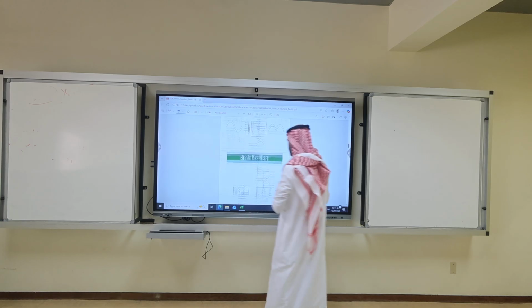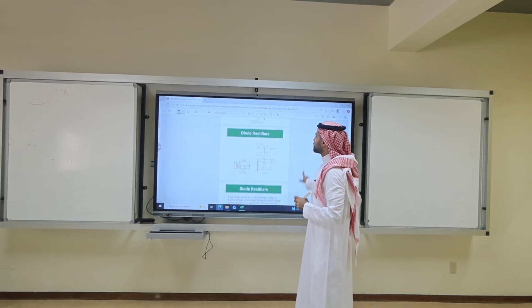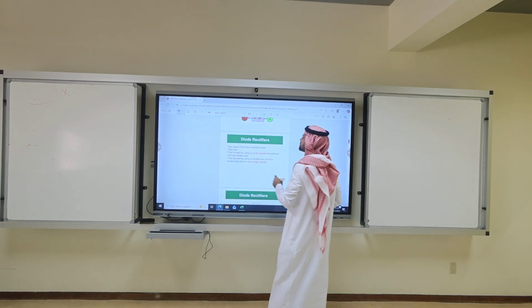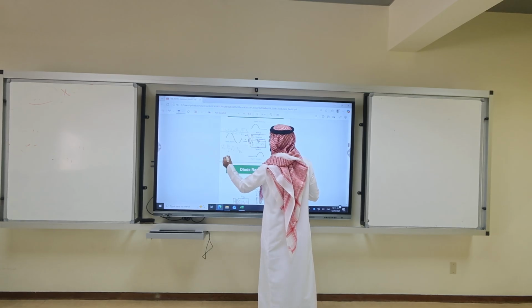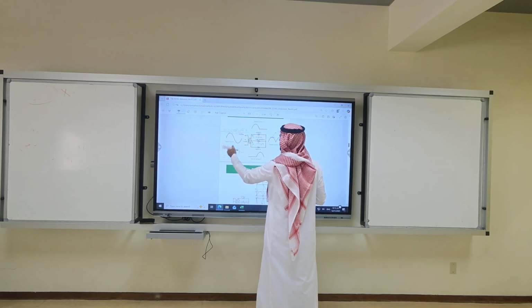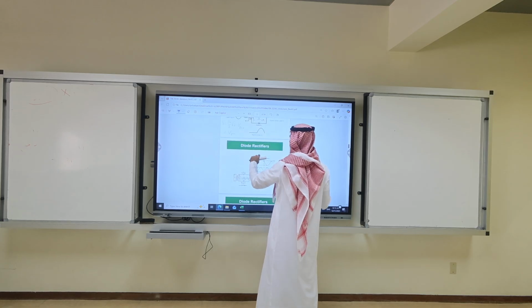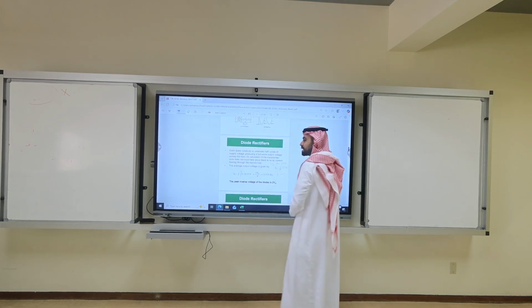Clear? No. This is not Vm, this is 2Vm. This is Vm hat. So the voltage across the diode is minus 2 Vm, with DC component 0.636 times Vm.